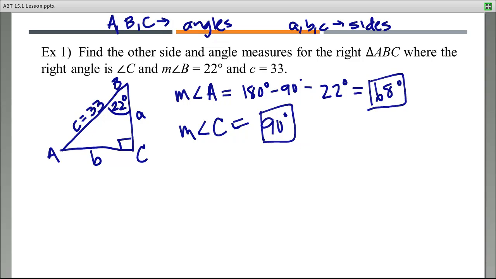So you are going to use SOHCAHTOA. You are going to use the angle they gave you, angle B. So for angle B, side b is the opposite side. Side a is the adjacent side to angle B, and side c is the hypotenuse. Side c is the hypotenuse no matter which angle we're looking at.